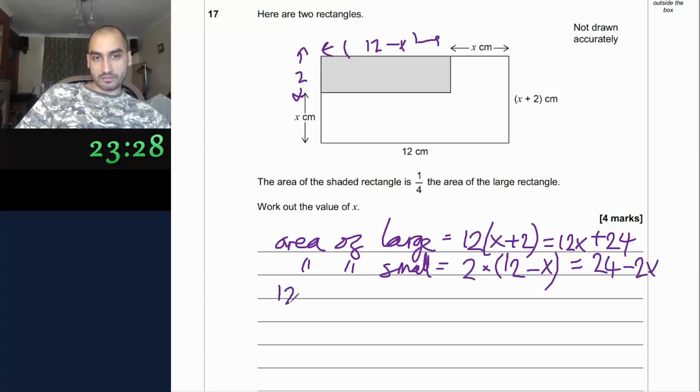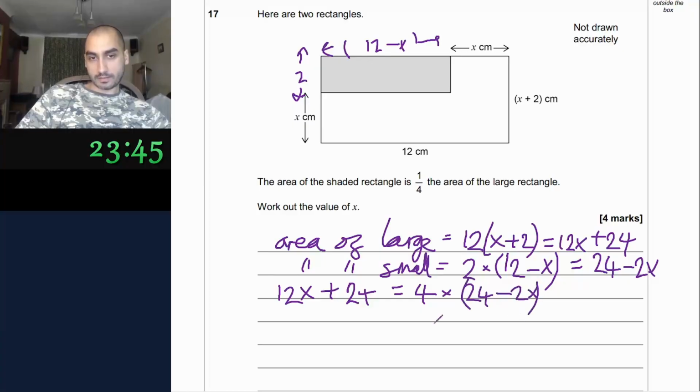So 12x plus 24 equals 4 times 24 minus 2x. Can cancel out the 4.